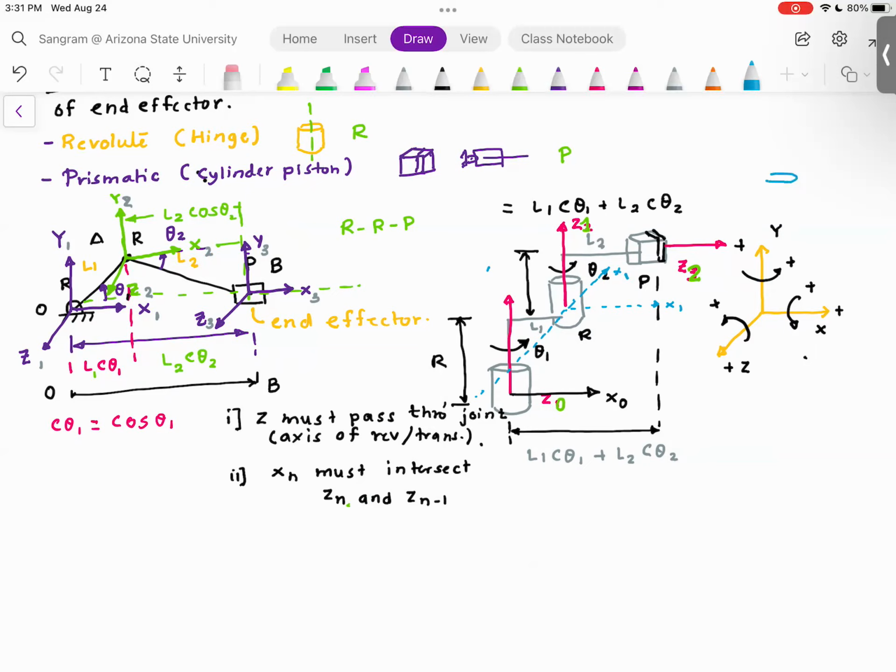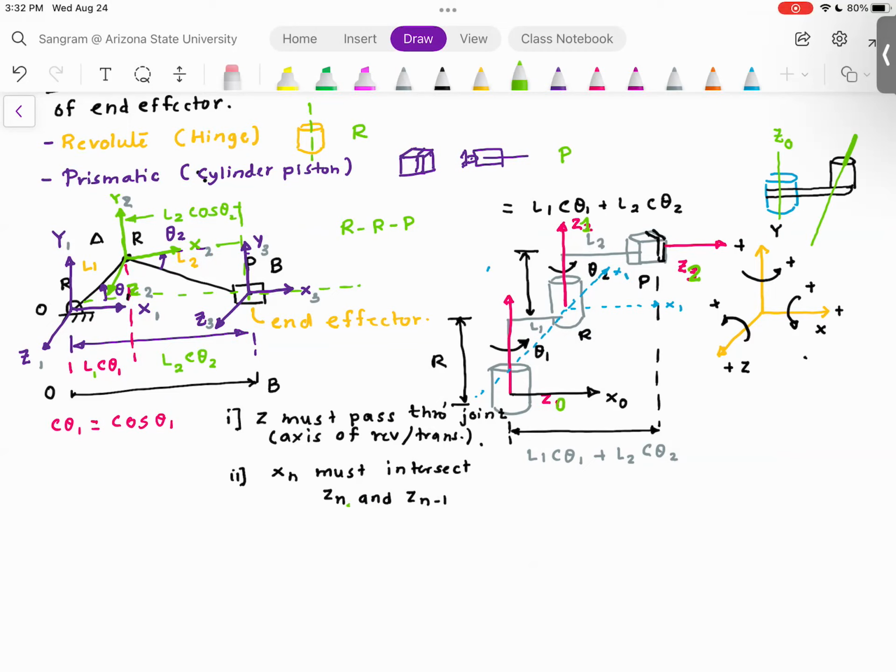Now you will realize the fun with robotics. If I assume that this second link is something like this, your x1 is coming in this direction and your z0 is over here. So they are no longer intersecting.